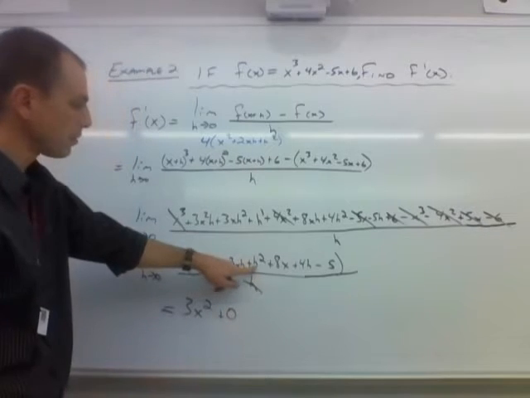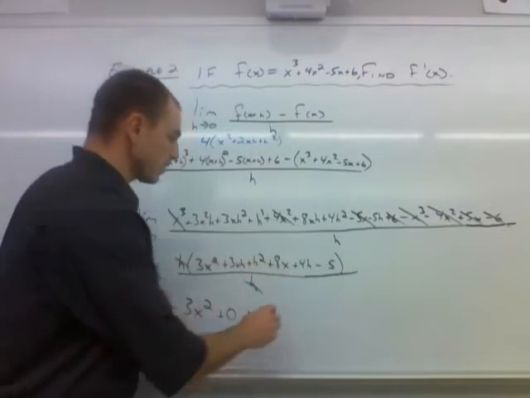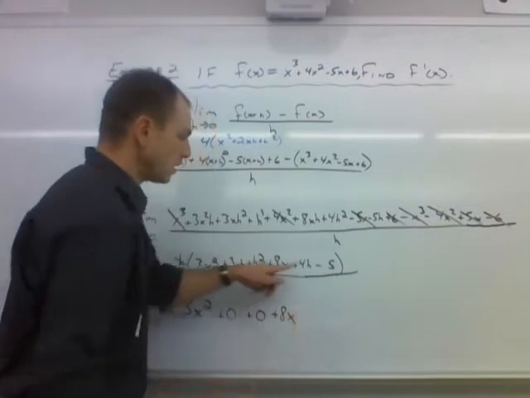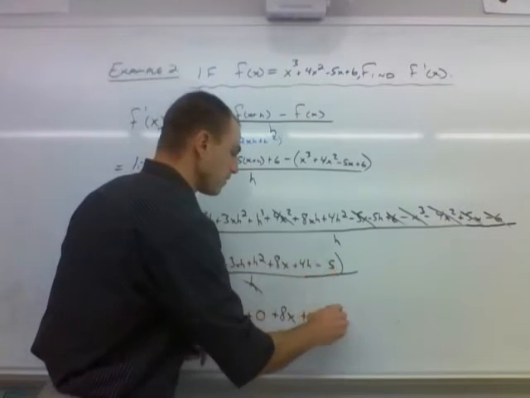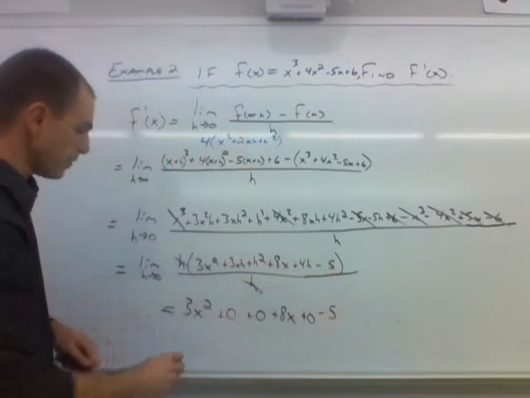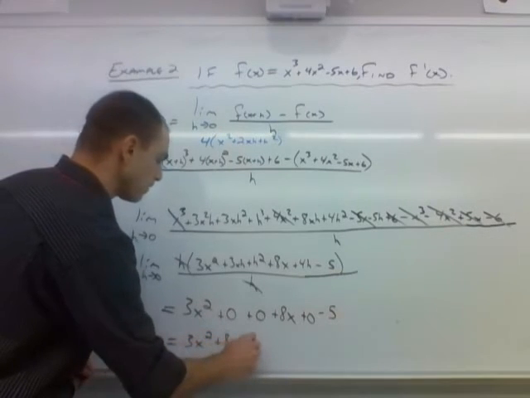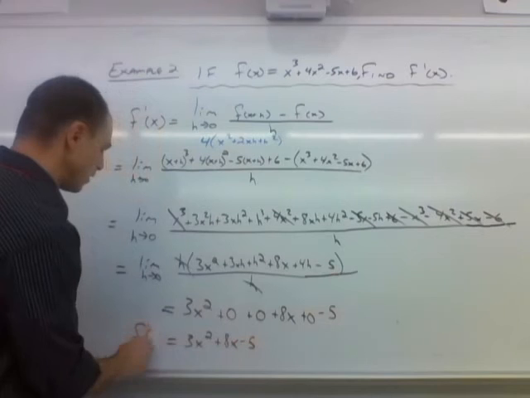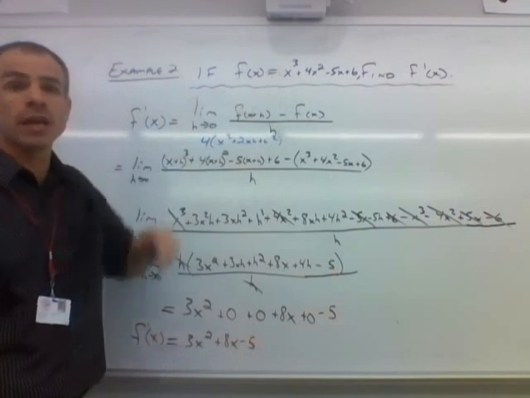And then we have 0 squared. So that also is not necessary. Then we have 8x, and then we have 4 times 0. That goes away. And then we have minus 5. So if we get rid of all the zeros there, we have 3x squared plus 8x minus 5. And that is our derivative function if the original function was that cubic up there.